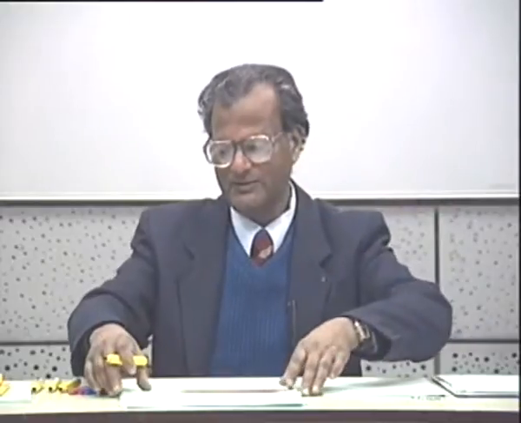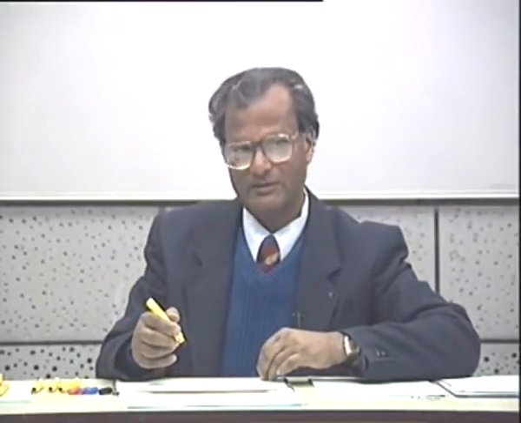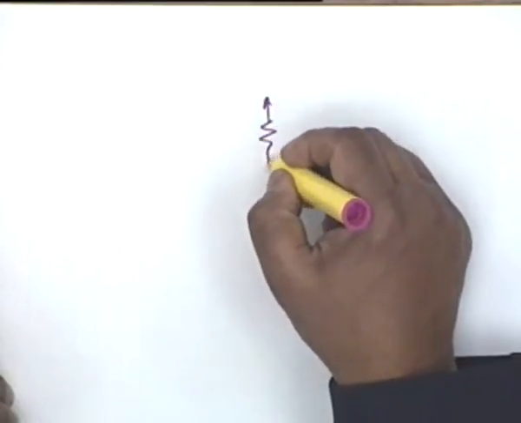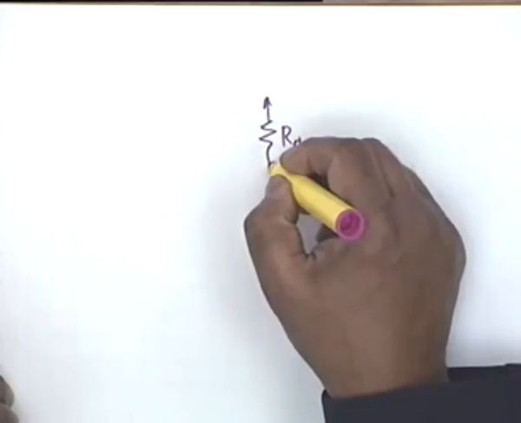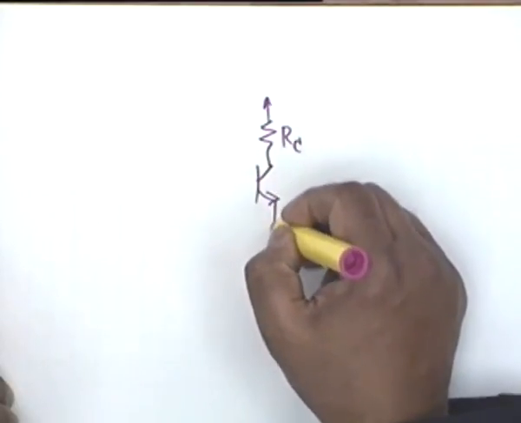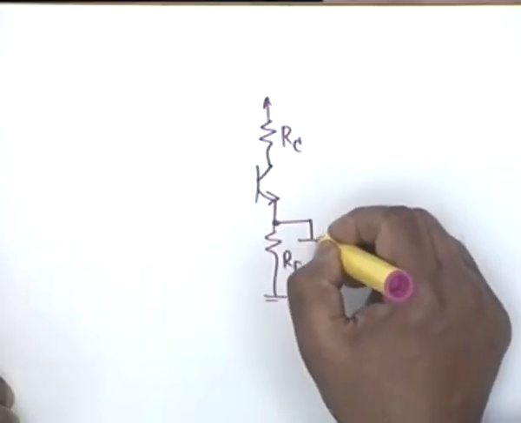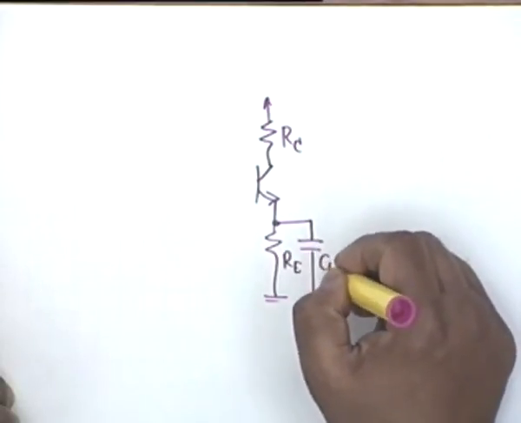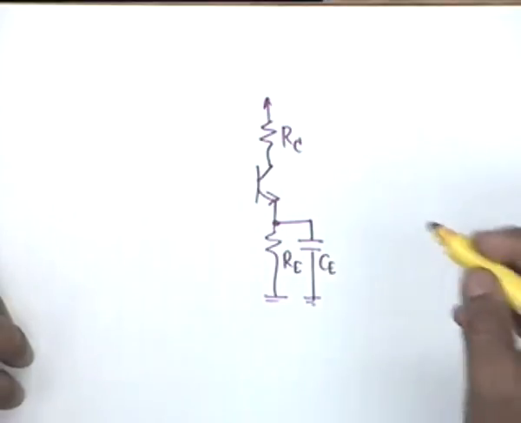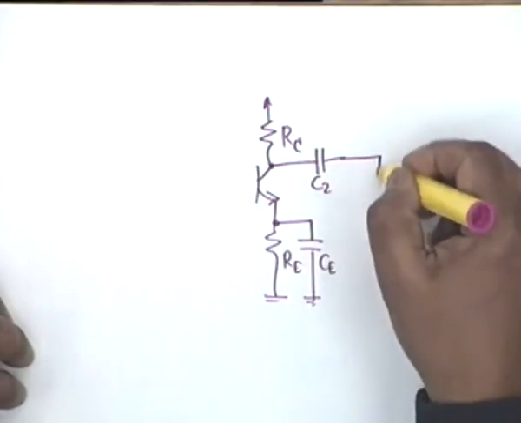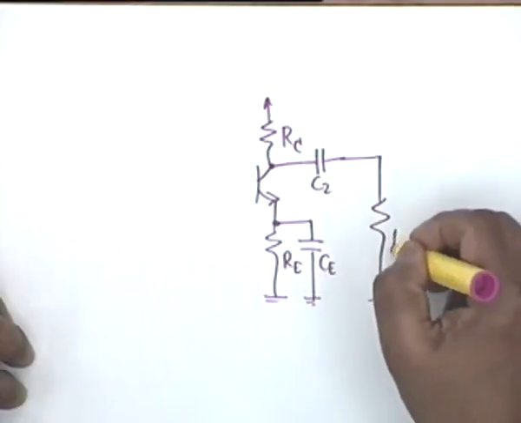Now let us go back to a BJT common emitter amplifier and see how to analyze such an amplifier. Our circuit is the usual circuit. We have R sub C, RE. We assume that this capacitor is infinitely large so that it behaves as a short circuit. Coupling capacitor, we assume this to be infinitely large. This also behaves as a short circuit.